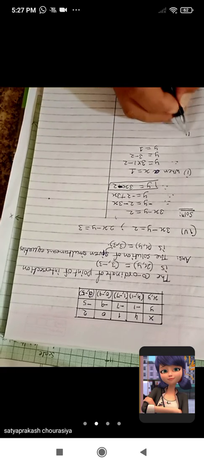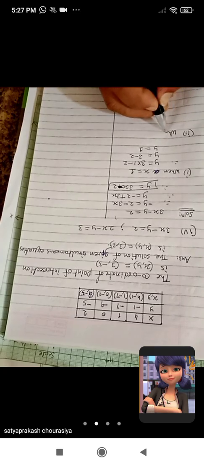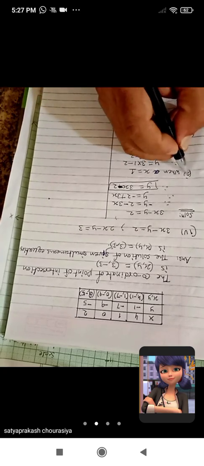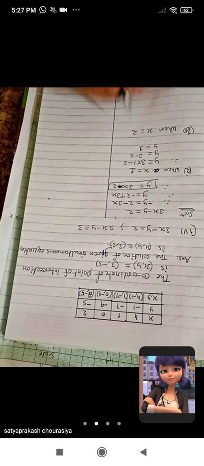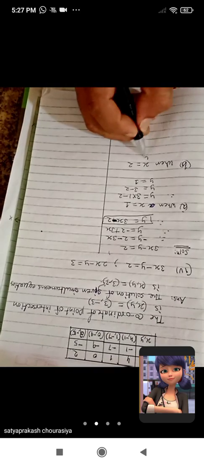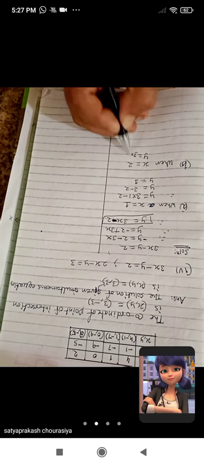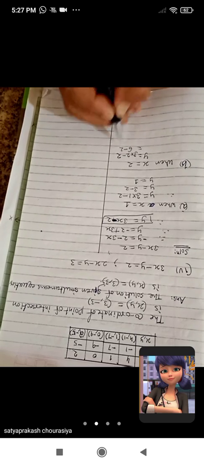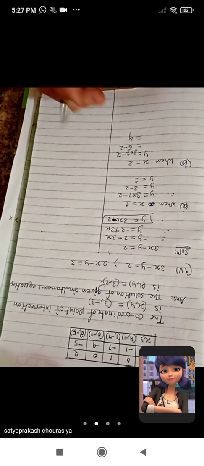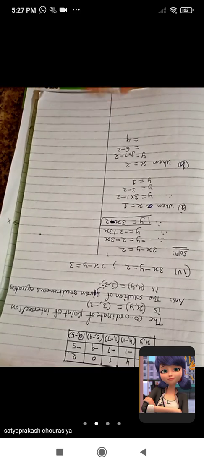Now second value, when x is equal to 2, then y is equal to 3 into 2 minus 2. 3 twos are 6, 6 minus 2 is equal to 4. Okay, now find the third value.